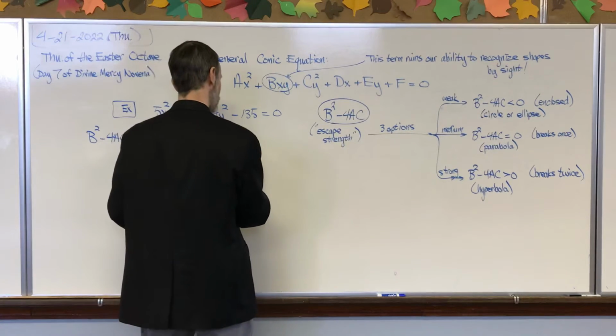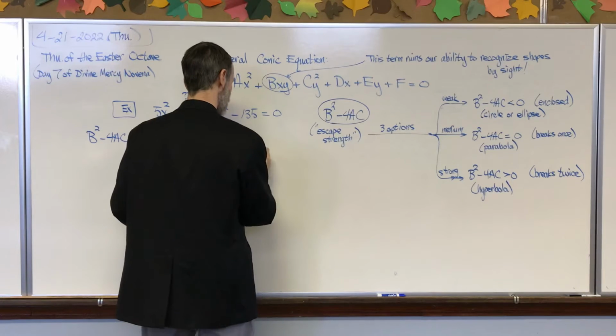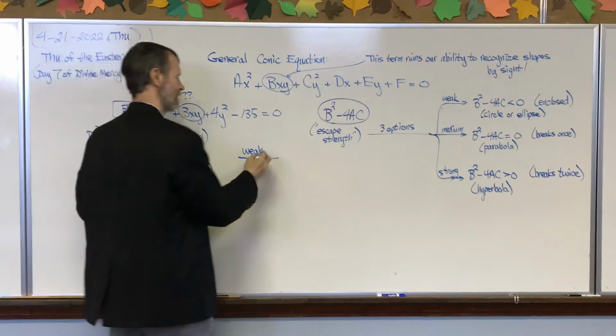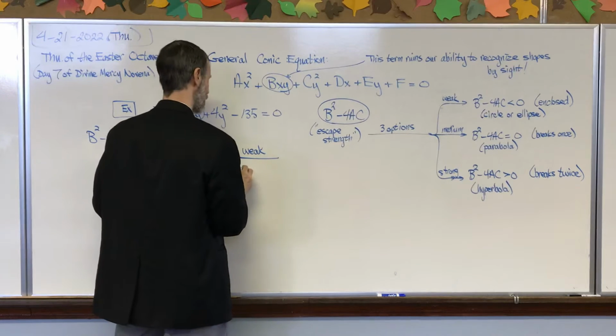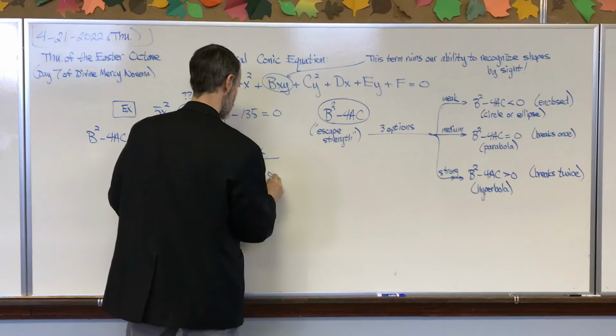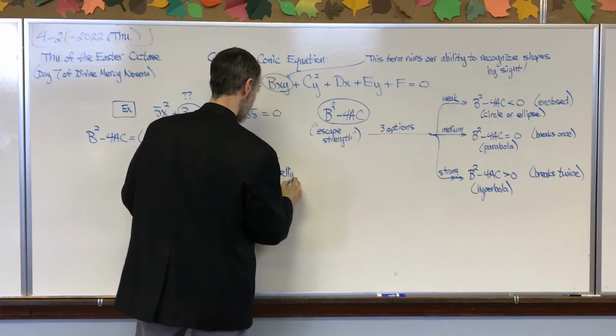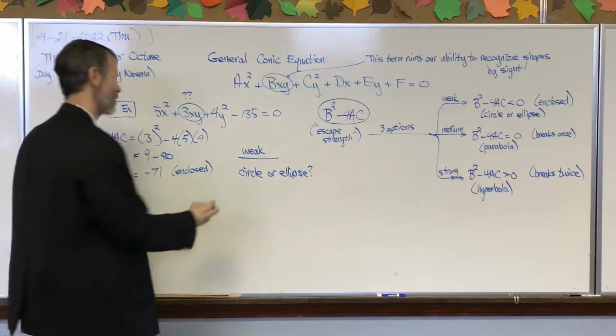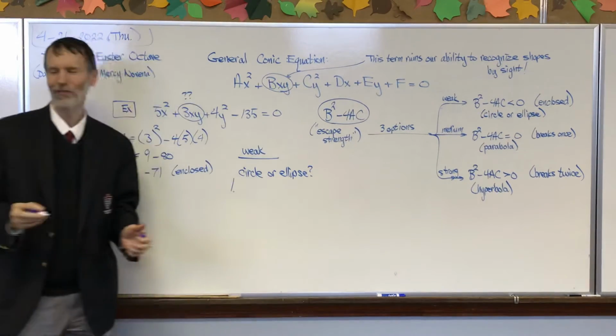If it has weak strength, write this down. The question is, is it a circle or an ellipse? There are two things to remember. First, I stole this from my high school math teacher.